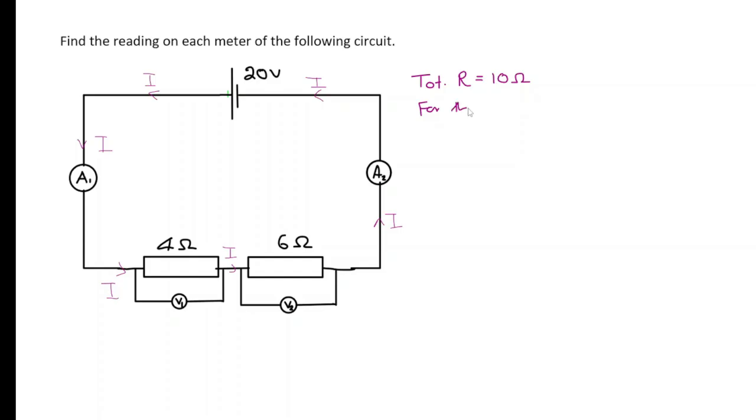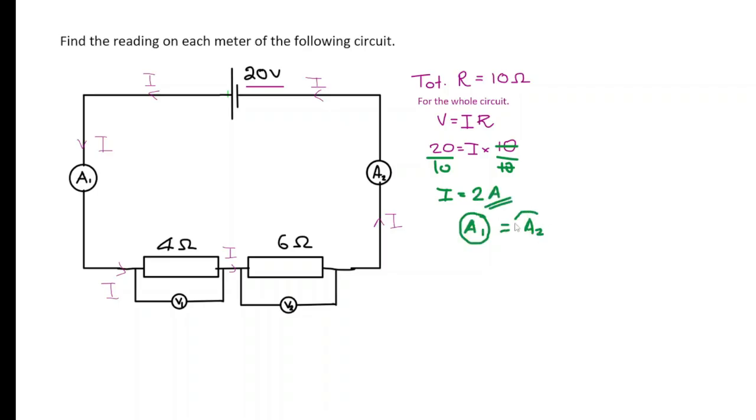For the whole circuit, we are going to write the formula V is equal to IR. Now, you can just divide both sides by 10, and these two get cancelled out, and I can see the current is just 2 amps. So A1 is the same as A2, and the answer is 2 amps.